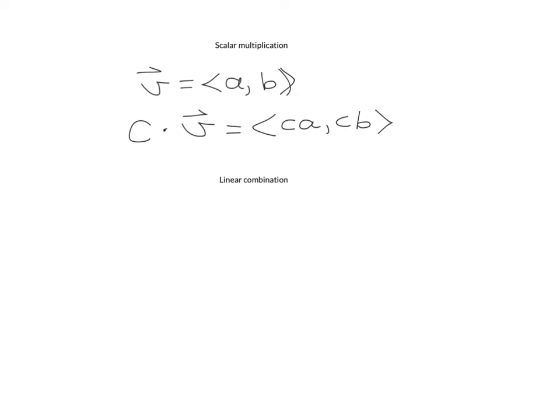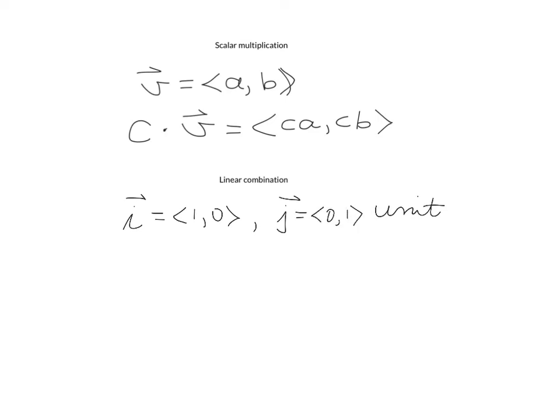So another way of representing vectors is using what's known as a linear combination. And this requires that we define two very special vectors, i and j. And these are each unit vectors. i is simply the vector (1, 0), and j is the vector (0, 1).